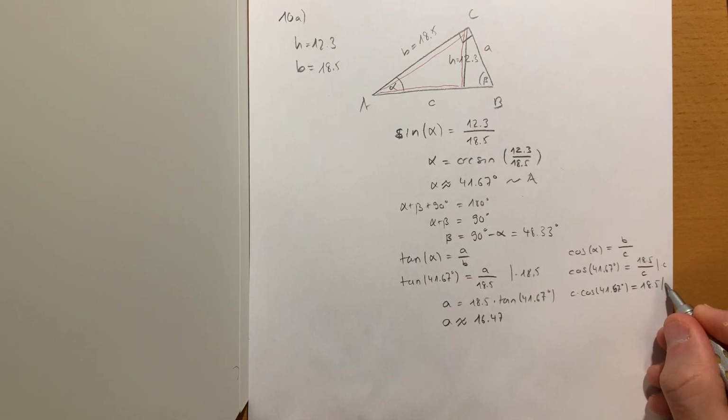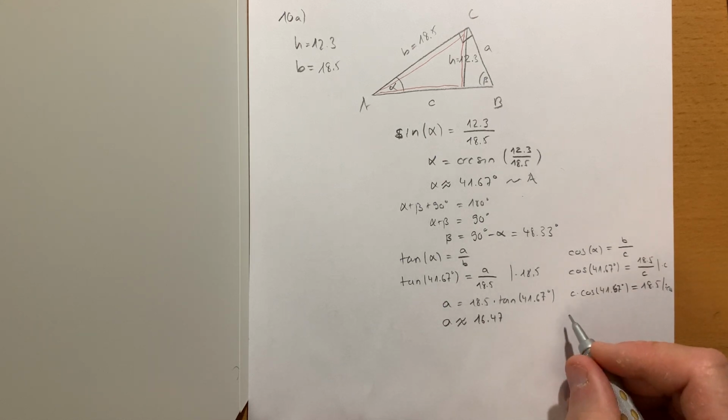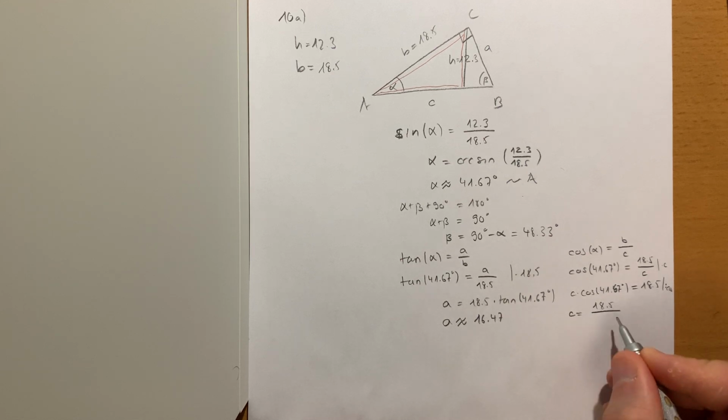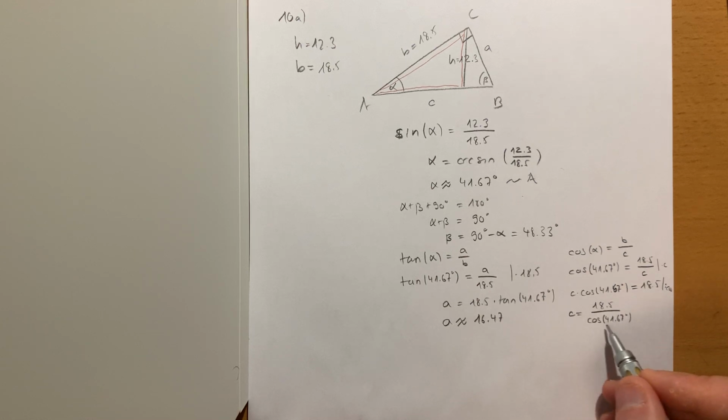Now we divide by the cosine, so we get C is equal to 18.5 divided by the cosine of 41.67 degrees. Now we don't use the rounded value, we use the stored value because we stored it here.